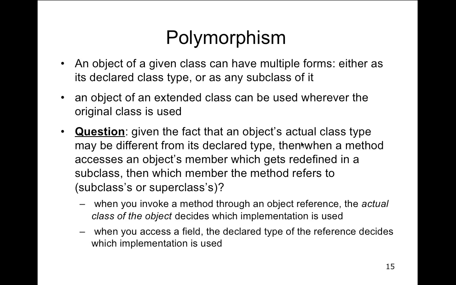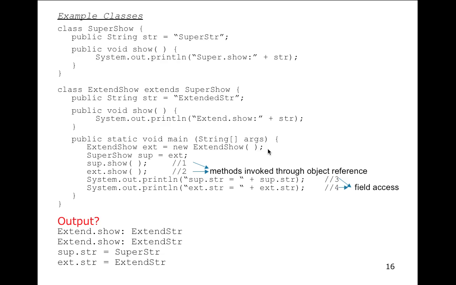Instead of modules, procedures, functions, you're creating objects, and the entire program is a series of objects built upon other objects. Even the core features of the language are basically done that way. All right, so for accessors of a field, the declared type of the reference decides which one's going to be used.